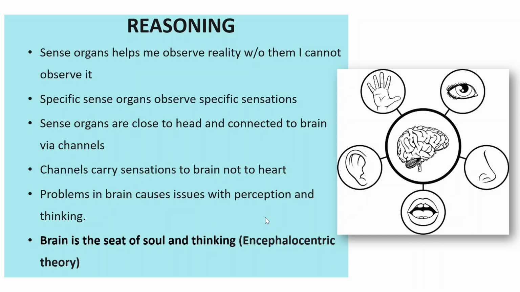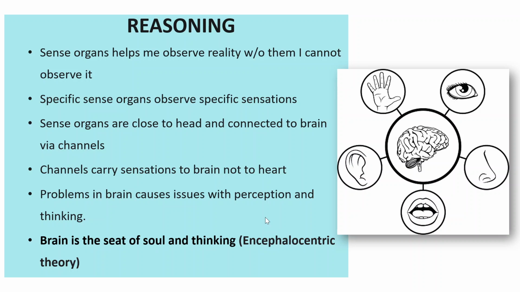Certain specific sense organs observe specific stimuli or sensations. Most of the sense organs are closer to my head and they are connected to the brain through wire-like structures called nerves. So it's likely they carry information from reality to my brain.